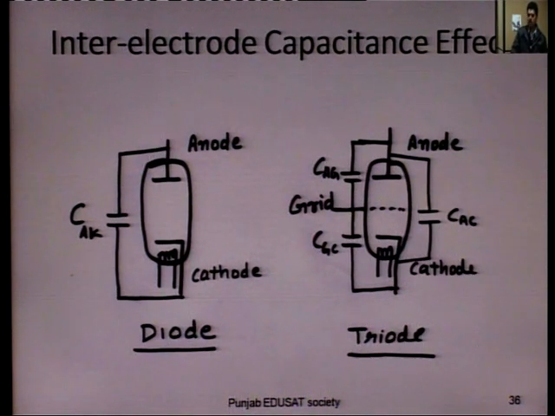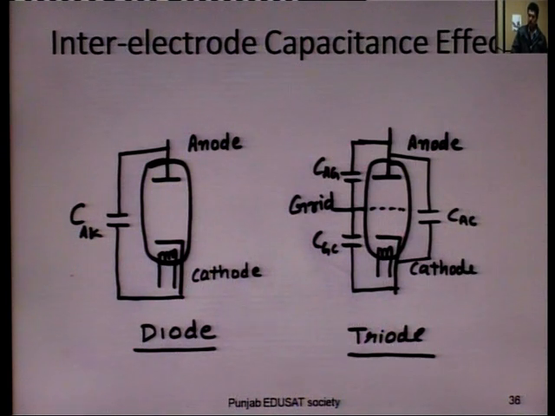Again here, in case of triode there are three electrodes. An inter-electrode capacitance exists between anode and cathode. Similarly, inter-electrode capacitance exists between anode and grid, and similarly between grid and cathode. Now, what is the effect of these capacitances on performance at microwave frequency?